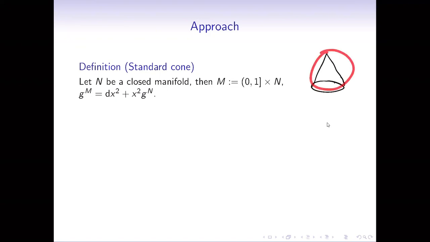This part is encoded in the (0,1) with this metric. The thing that takes the most work to get rid of is the singularity at the tip. This cone is not a manifold, it's a pseudo manifold because it has a conical singularity up here, which is the easiest singularity to deal with. Next up would be edges on your space, and then you can go very far from there.